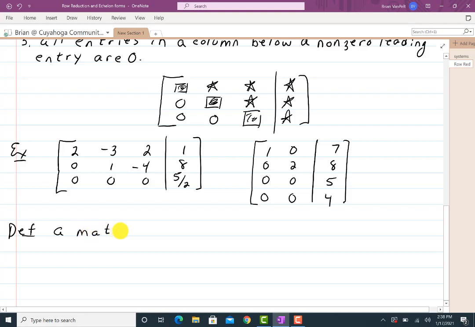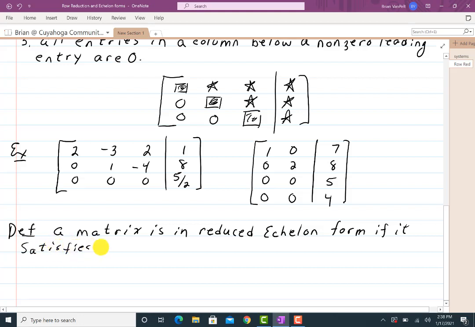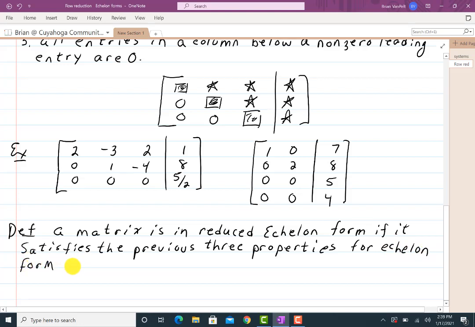A matrix is in reduced echelon form if it satisfies the previous three properties for echelon form, but with 2 more properties.